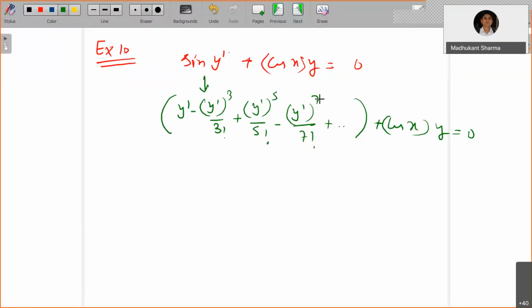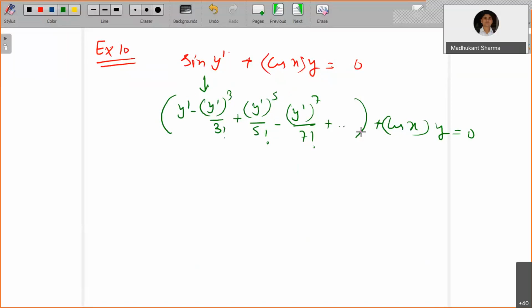There is no harm in writing this infinite series because it is a convergent series. It converges for every value of x, sin x, you know, right? So we don't worry about that. You can put dot dot dot here, meaning this is a meaningful term.